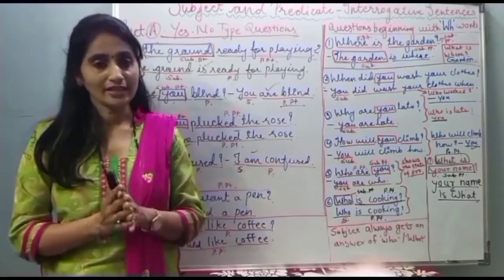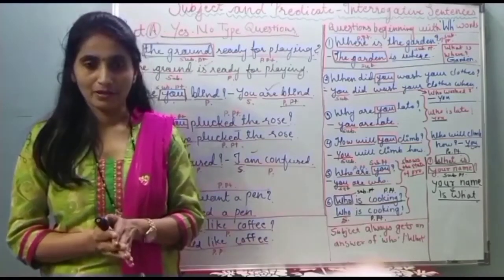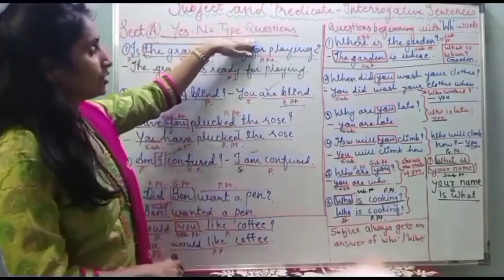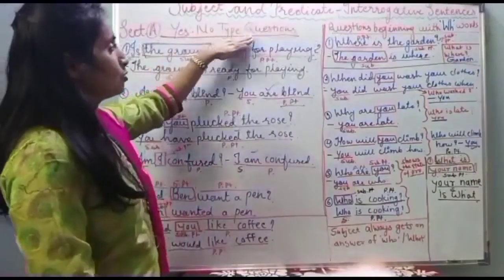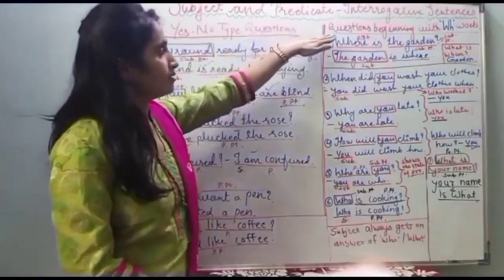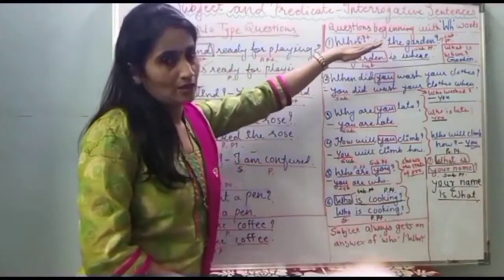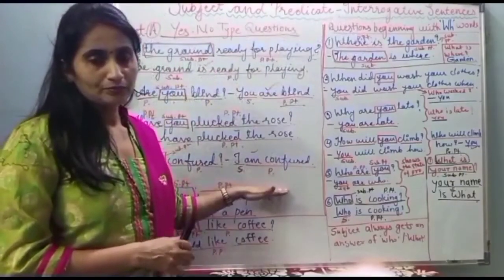And once we get the subject, we can easily identify the predicate part. See here now, I have divided the interrogative sentences. The first type is yes-no type questions and the second type is questions beginning with WH words. Now let us study the questions one by one.